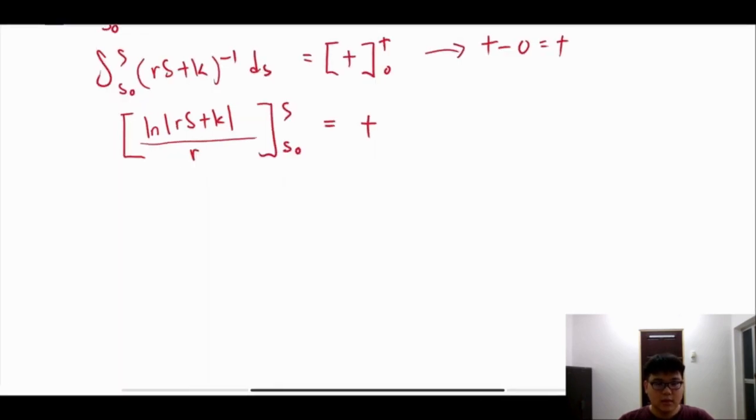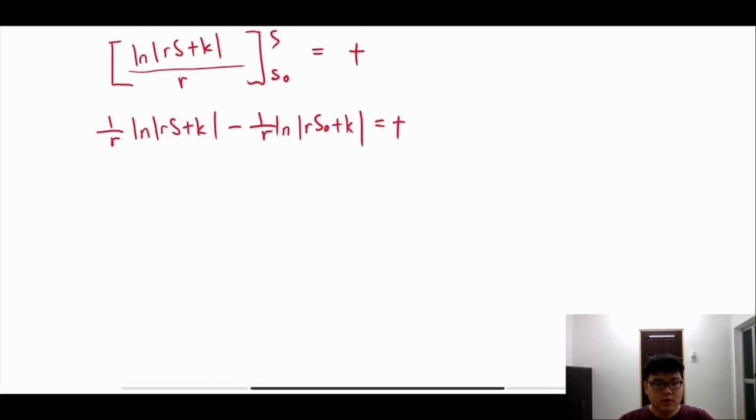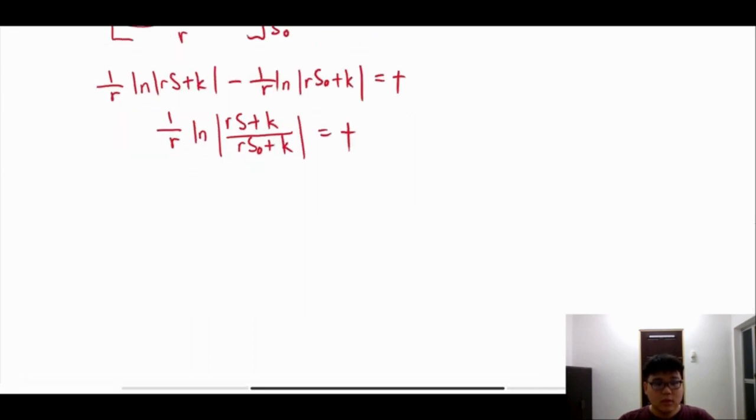Let's do the left-hand side. We expand it out first. So according to the properties of log, let it become, and we continue to rearrange the equation until only S exists at the left-hand side.